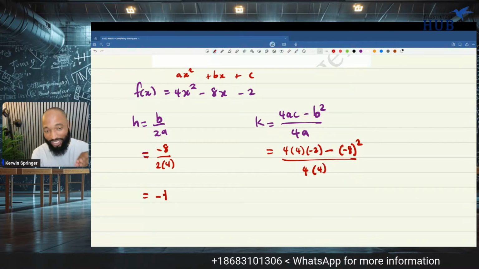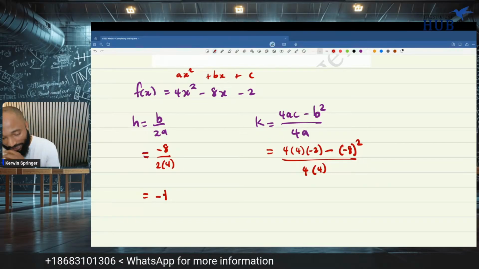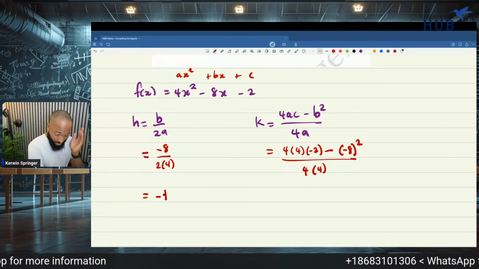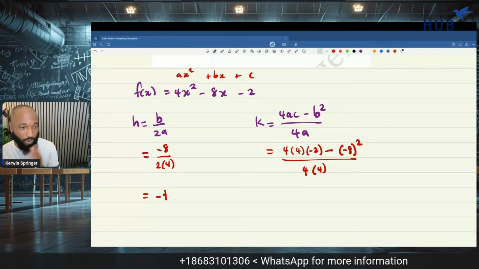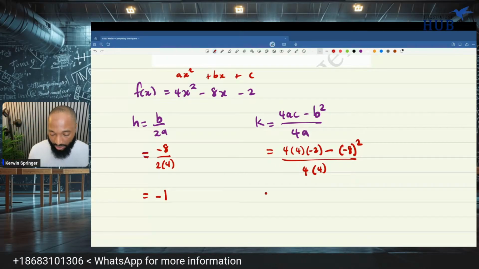Any whole number for h or k is good, but usually it's a fraction, which makes it messy. So if I had used my normal natural perfect square method, where I whip out the a and get that intermediate term to make that perfect square, it would have been pretty nice.